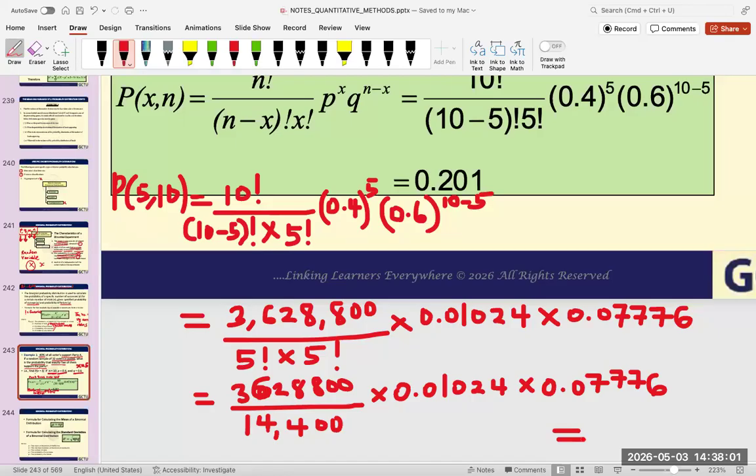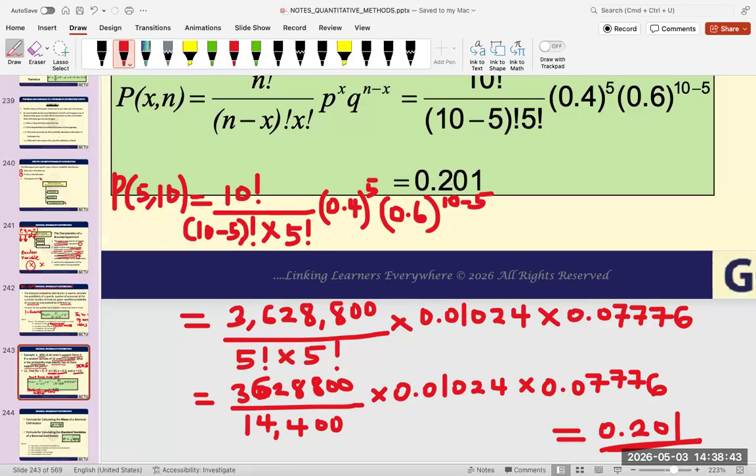Do everything at your end for me. So those who are doing, you end up getting plenty of numbers, but we just want it to 3 decimal places. And you end up getting 0.201. Yes, very good.